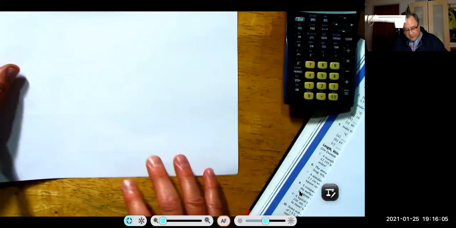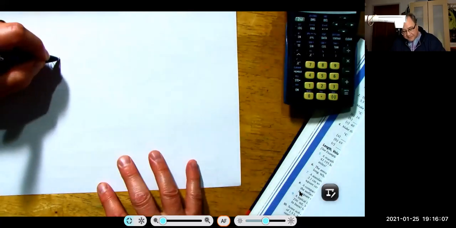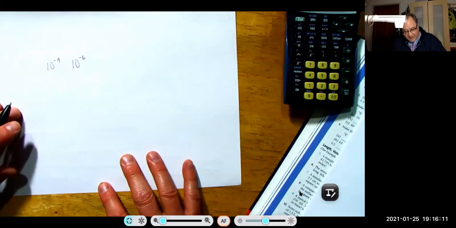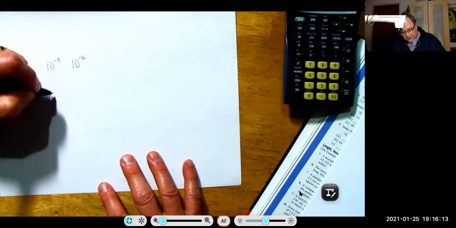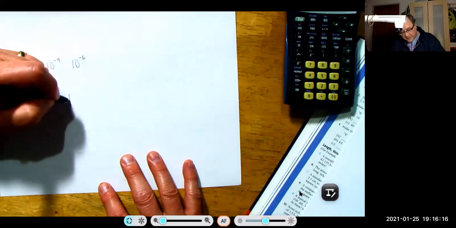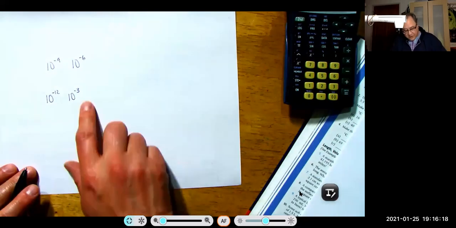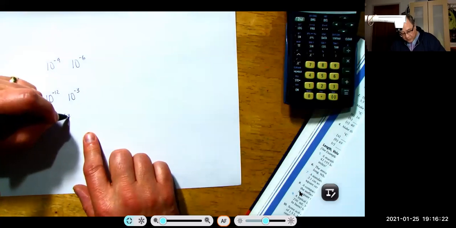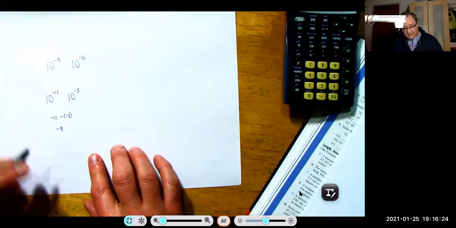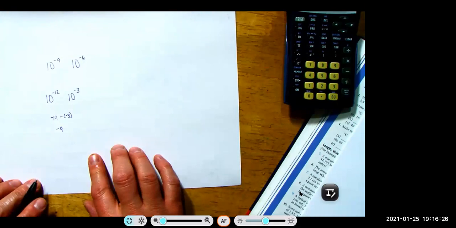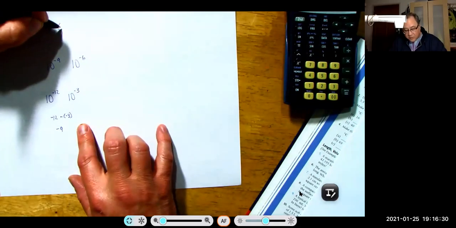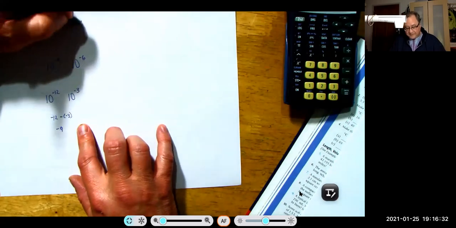So what I mean is if you have 10 to the minus 9 and 10 to the minus 6, because here we have pico is 10 to the minus 12 and milli is 10 to the minus 3, right? Right. So you did minus 12 minus negative 3, which is negative 9, right? Right. Or you could just keep the negative 3 minus a negative 12, which is positive 9.